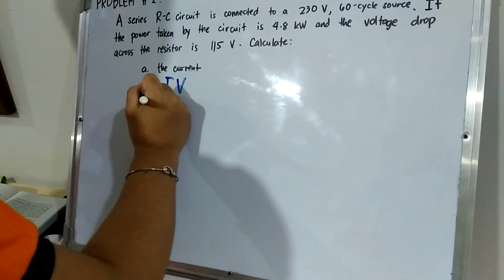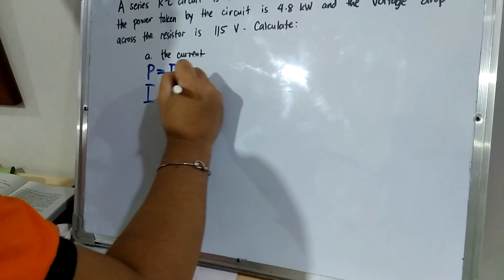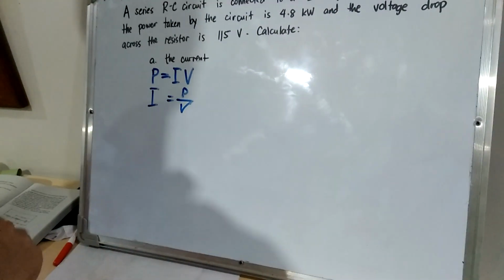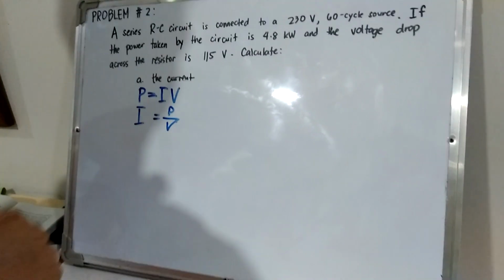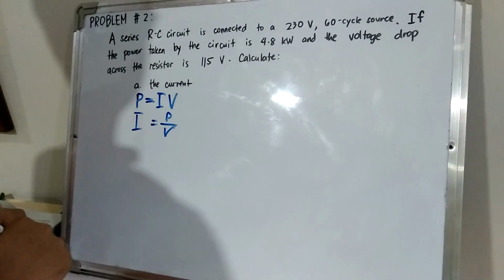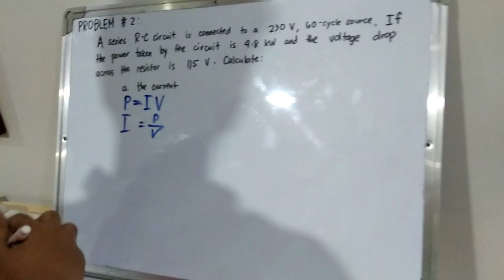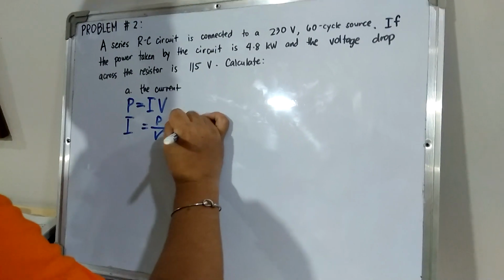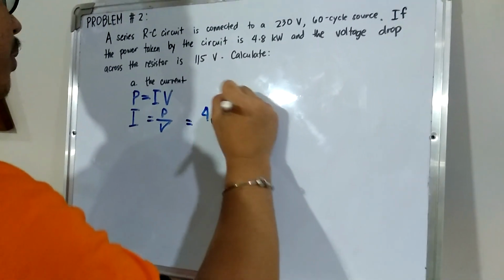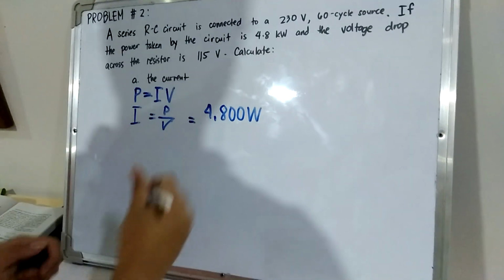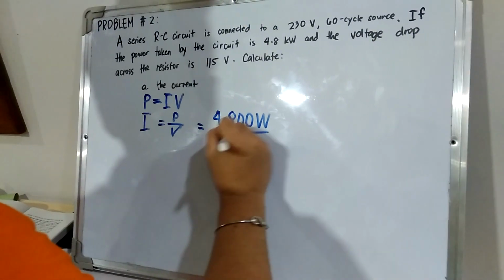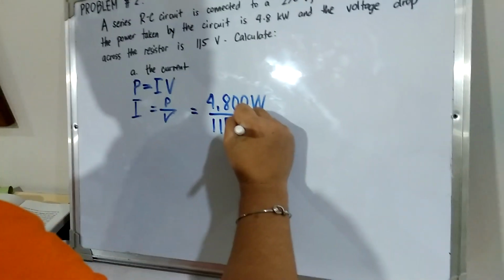Manipulating, we get I is equal to P over V. Substituting the values for power and voltage, the given power is 4.8 kilowatts or 4,800 watts divided by 115 volts.